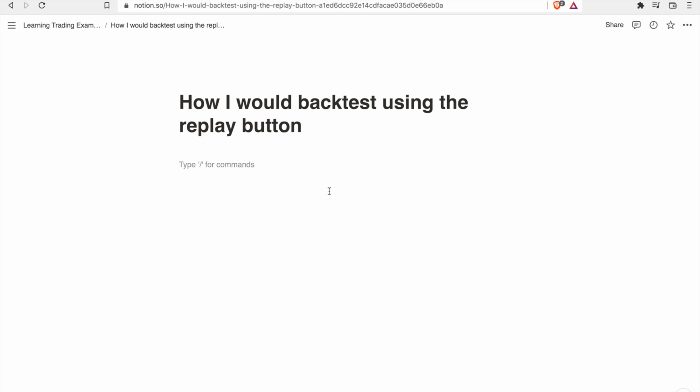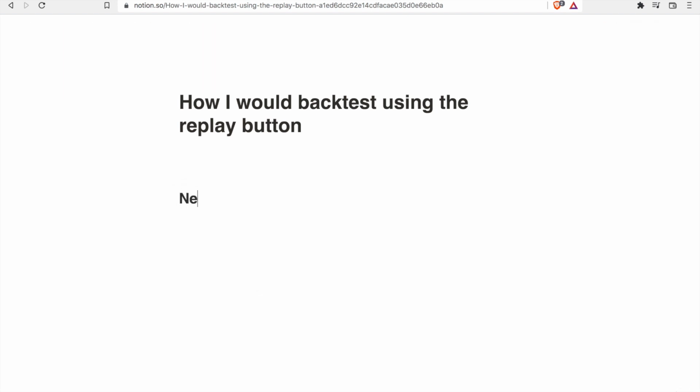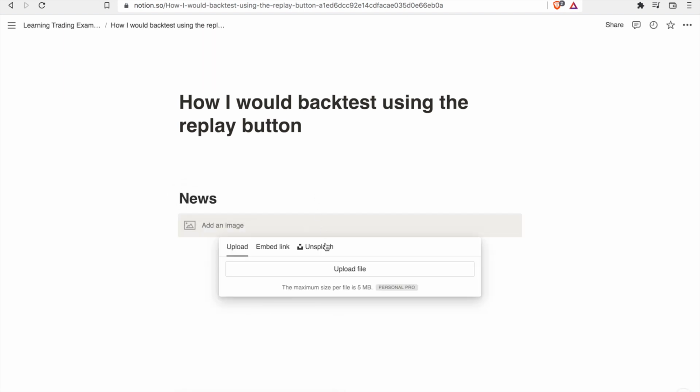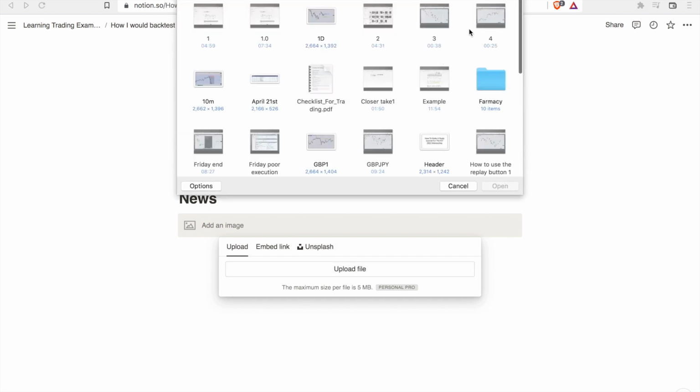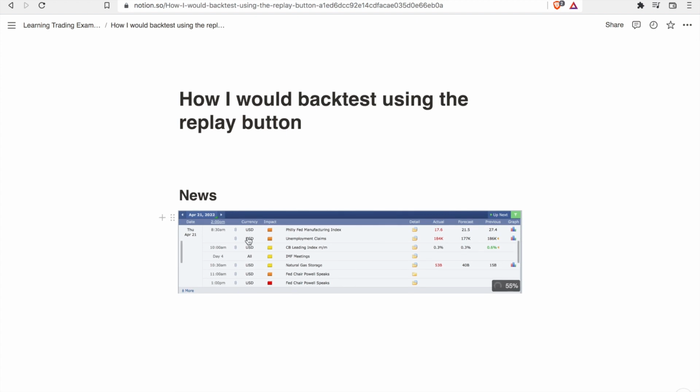So now that you have your screenshots, I would just head over to Notion and log that day as one of your study days. So I would definitely include the news driver. And I already went through and named all my screenshots so they'll be easier to find. So April 21st. This shows the medium and high impact news driver on the day.